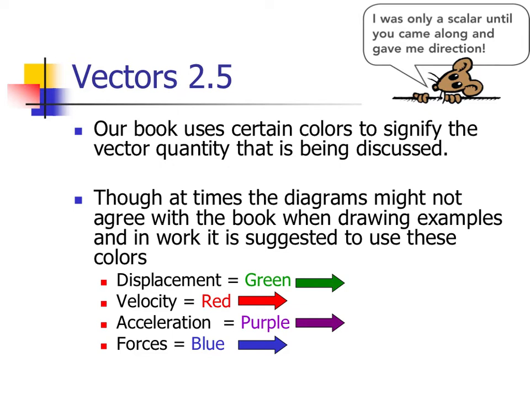So vector quantities have some arrows. As I draw some of these out, they are going to have different colors. Green is for displacement. Red is for velocity. Purple for acceleration, and forces are blue. There are other colors to represent other vector quantities, but these are the four that we use the majority of the time.